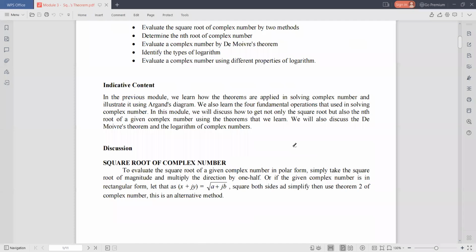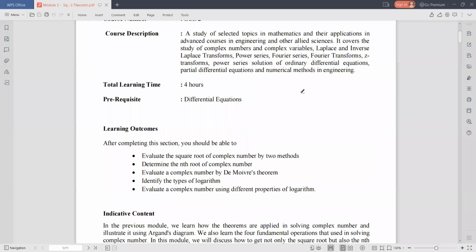Okay, so review tayo sa exponent rules natin. So we'll just write here. So review tayo sa power of j. So this is an imaginary. So power of exponents or power of j, no?